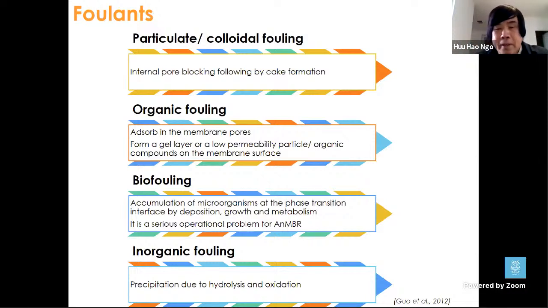That is a problem. And when they grow like that, that kind of fouling is a big headache, because we cannot use physical technology to treat that. We have to combine physical and chemical methods to treat the biofouling.